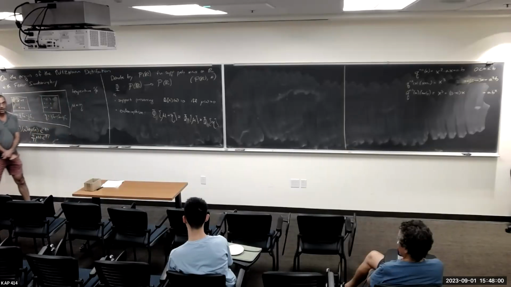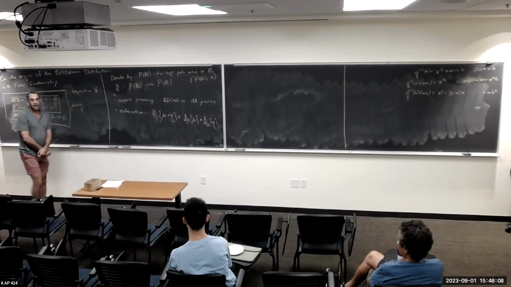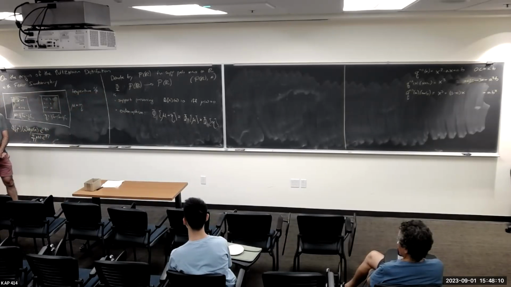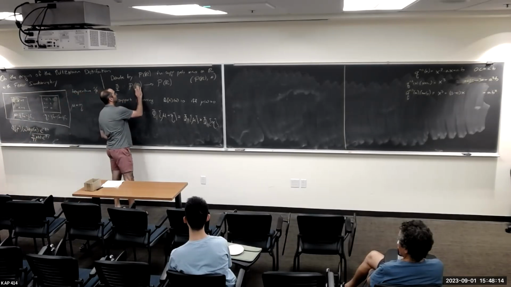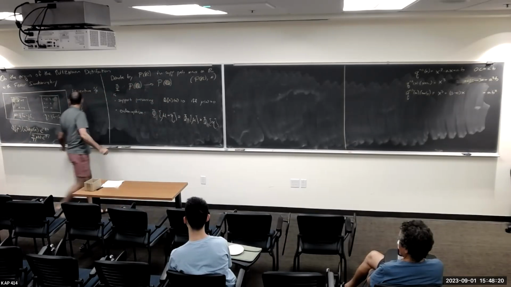Now, you can also ask this by looking at other things other than R here. It turns out that for R, I don't know what the answer is. But I do know what the answer is for Q. So now I'm only allowed to have rational energy.